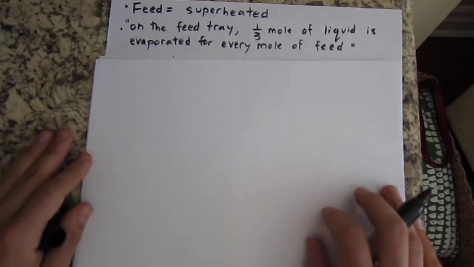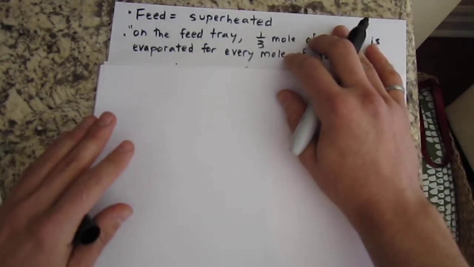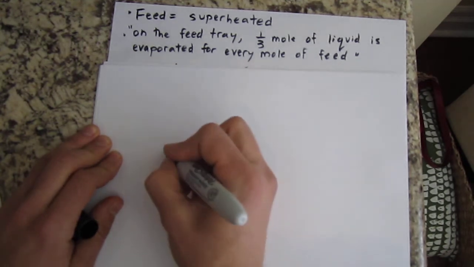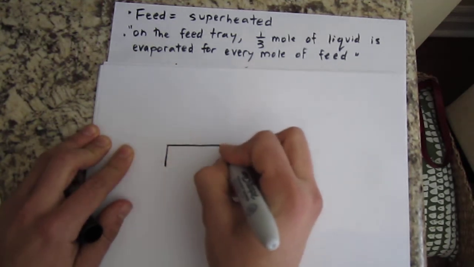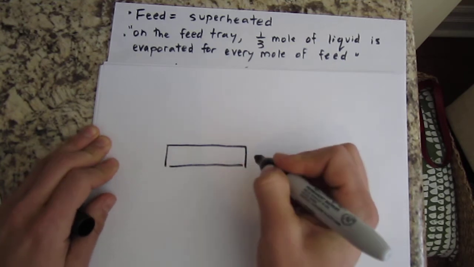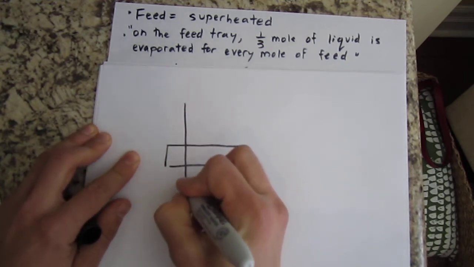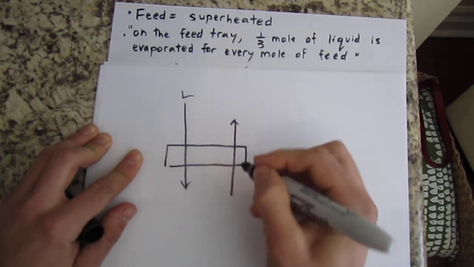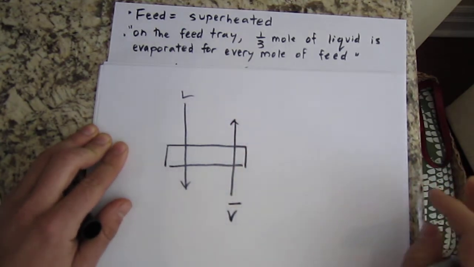A better way to conceptualize this is to draw it like we were doing those CMO drawings. So this is the tray. We can start by drawing L and V bar like this.